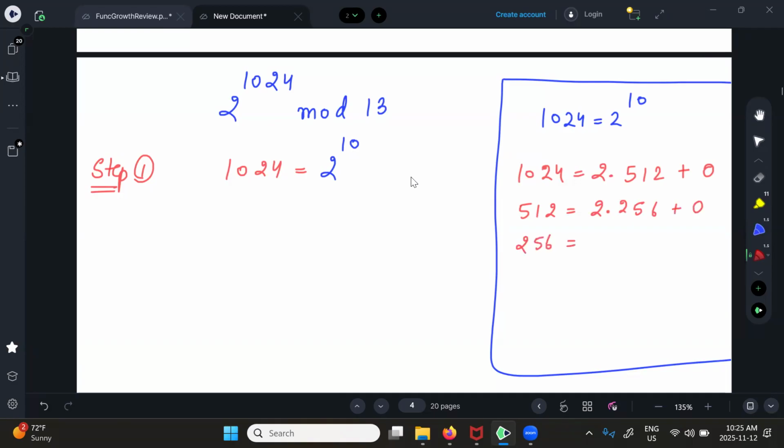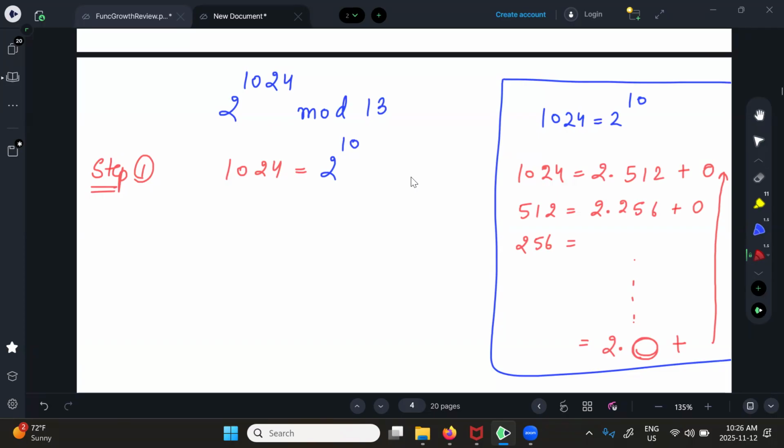Keep repeating until this becomes 0. The remainder could be anything. I have a video clearly explaining the entire lecture notes on this, so make sure you watch that. In this case, everything else is 0, just the first one. So 2 to the power 10.